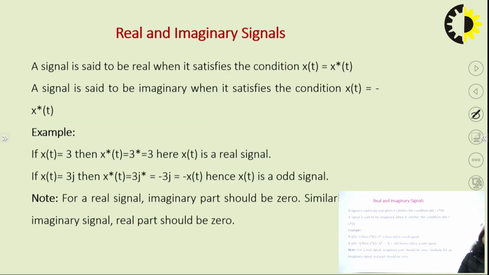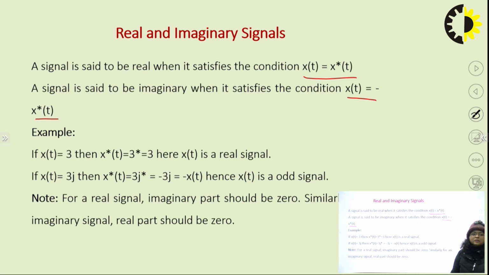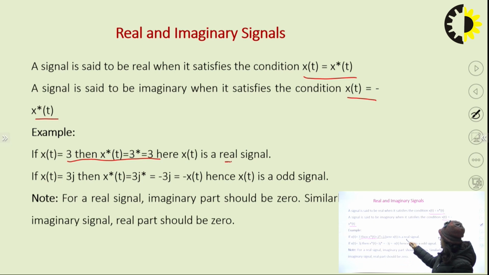Now moving towards real and imaginary signals. A signal is said to be real if its conjugate value is equal to x of t. If x of t equals x conjugate t, then the signal is said to be real. And if x conjugate t is equal to minus of x of t, then it is an imaginary signal. For example, if x of t equals 3, then x conjugate t is also equal to 3. That is, it is a real signal.